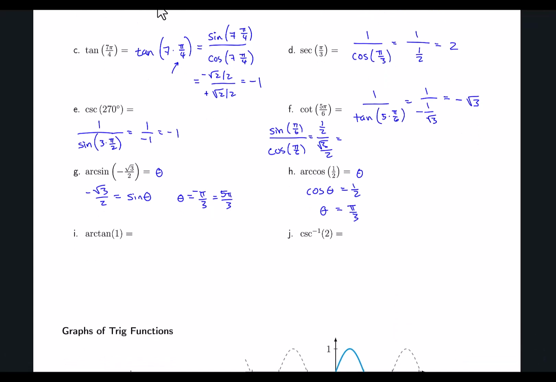Arc tangent gets a little bit trickier because with arc tangent, we're looking at what's happening with the ratio of sines and cosines. So you have to take all that into consideration. But one thing you can know is that if the tangent of a value is 1, it means that sine and cosine are the same.